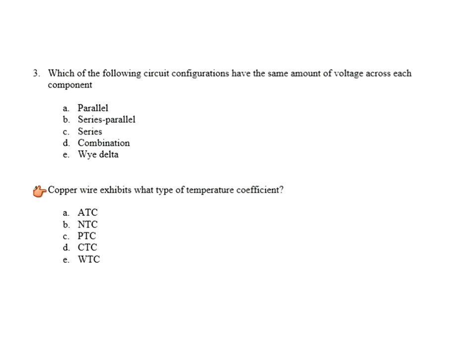All right. Copper wire. Copper wire exhibits what type of temperature coefficient? ATC, NTC, PTC, CTC, or WTF? Which one of those? Well, did we even talk about this? No, we didn't. Did we talk about this? We did not. So right off the bat, I'm showing you how to solve these.